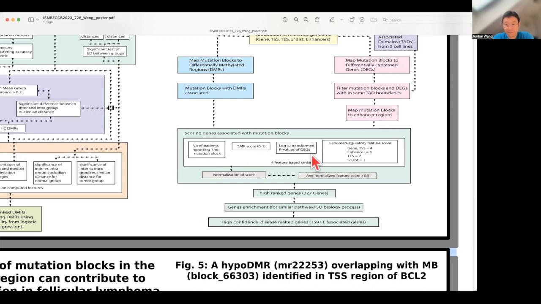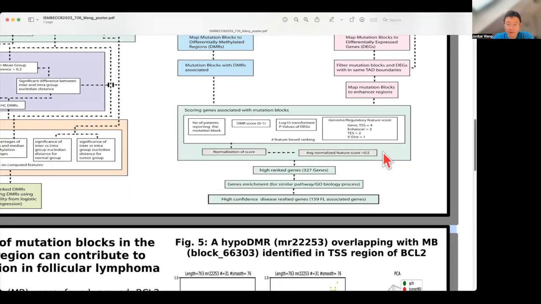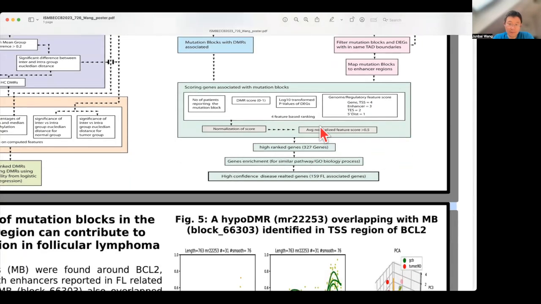Then the differentially expressed genes linked to these particular mutation blocks. Finally, the mutation block located in either a gene or enhancer or far distant region is assigned a weight. Finally, based on all this information, a weighted vote system will predict which mutation blocks strongly affect downstream gene differences between the tumor and normal samples.